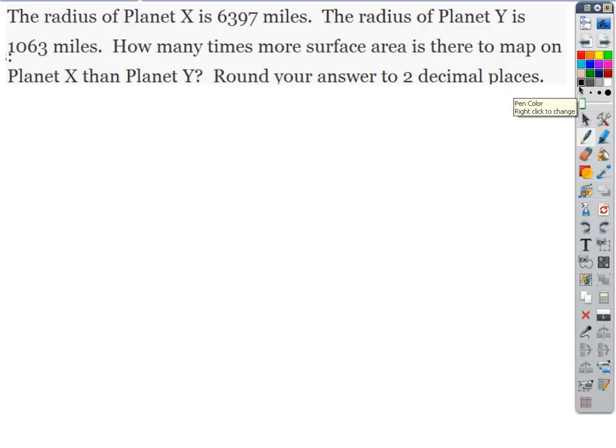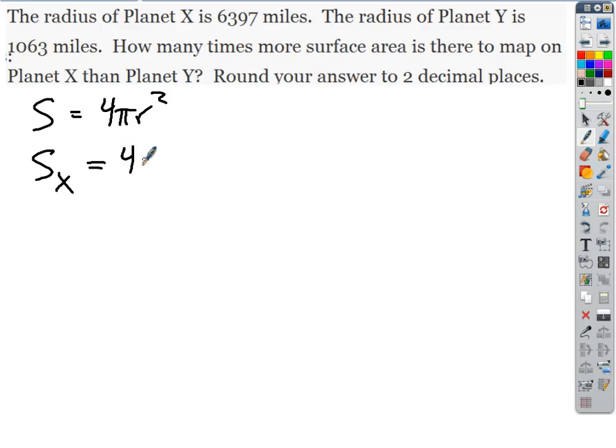The surface area of Y is equal to 4 pi times 1063 squared. Okay, easy to make those calculations. But how do we do this part right here? How many times more surface area is there to map on planet X than planet Y?